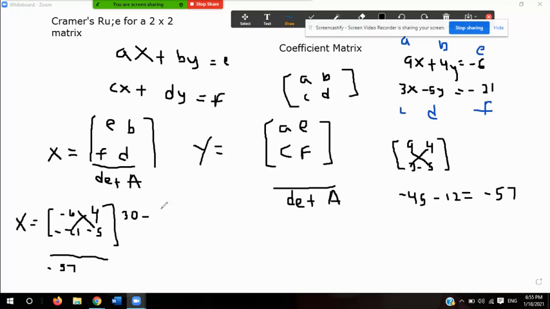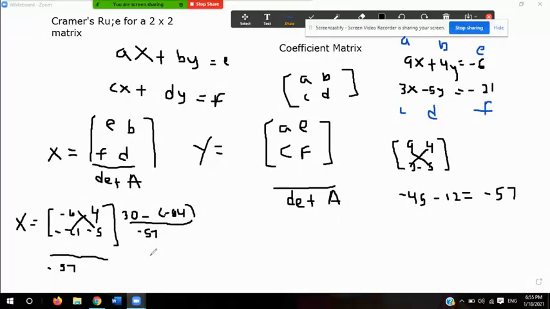So 30 minus negative 84 gives us positive 114, divided by negative 57.